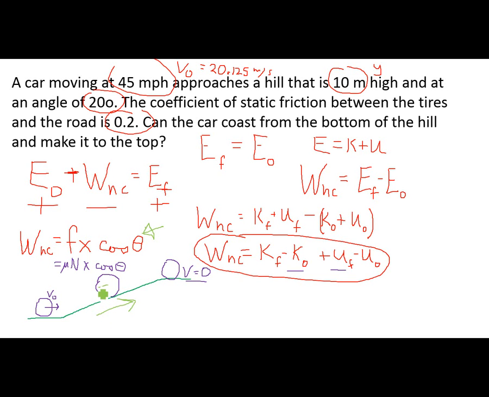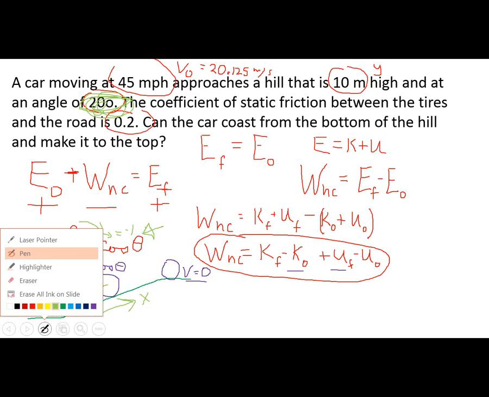Friction is acting down the incline, but x is going up the incline. So the cosine theta term is between f and x. That's still 180 degrees, so the cosine of theta is -1. Don't be confused. That's not the theta up here in the problem. It's not the 20 degrees.